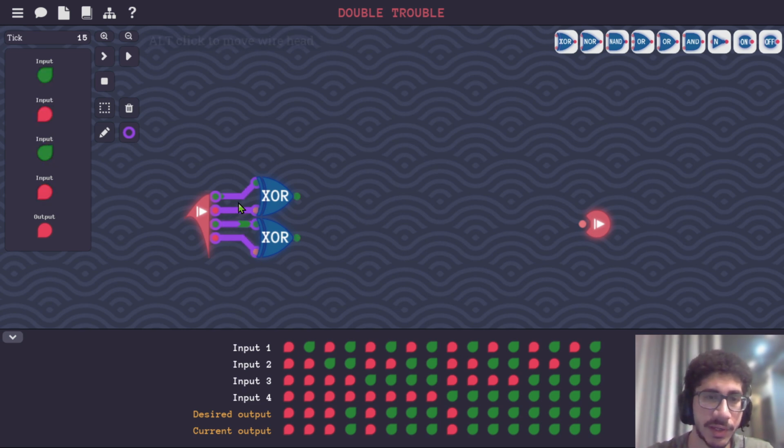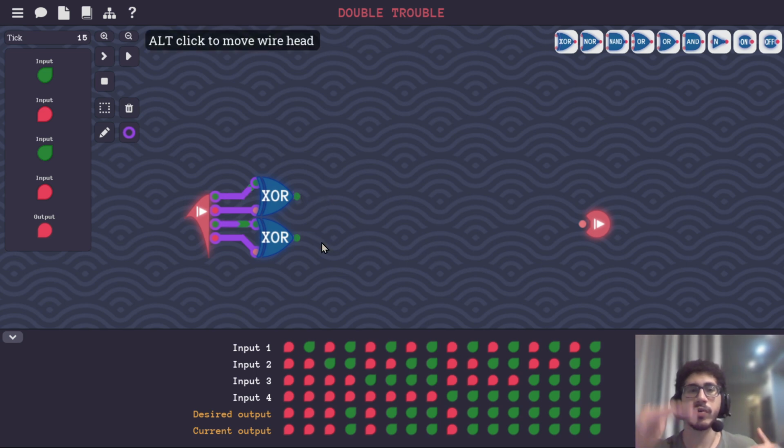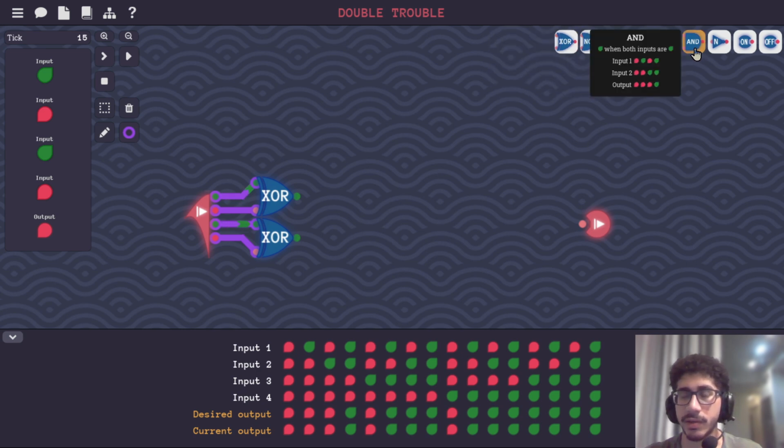So now we know for a fact if only one of these is positive. Just to put it in perspective, if there is one positive going into these XOR gates, then it will output a positive, right? So that was covered: we know if one is positive and that's it. That means if both of these are positive, then only one is positive on each side, which is great, because we have a total of 2, so we can put an AND into that.